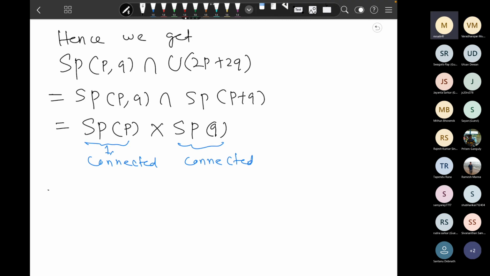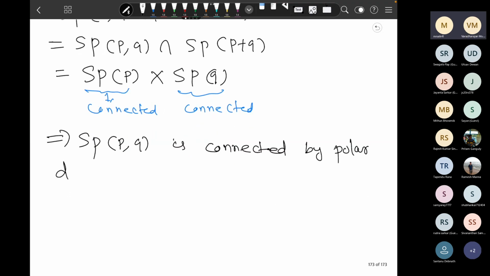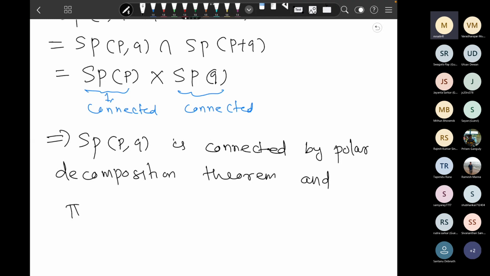So this implies SP(P,Q) is connected by the polar decomposition theorem, and pi 1 of SP(P,Q) is pi 1 of SP(P) cross pi 1 of SP(Q).